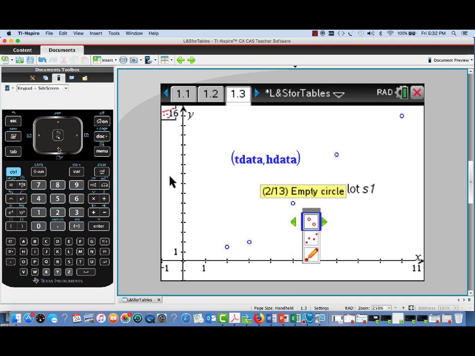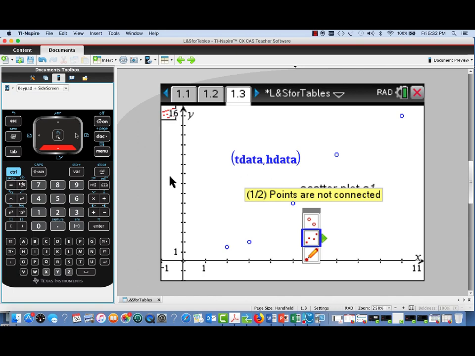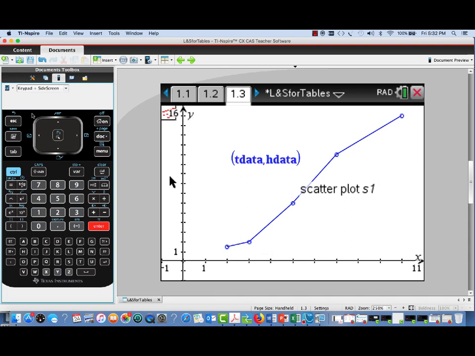I could change how the points look. I want to go down to the second set of options, which is going to allow me to choose to connect the points, which I'm doing here. And now we have this nice connected scatter plot, and you can think of that as a piecewise linear approximation to the function describing this data.